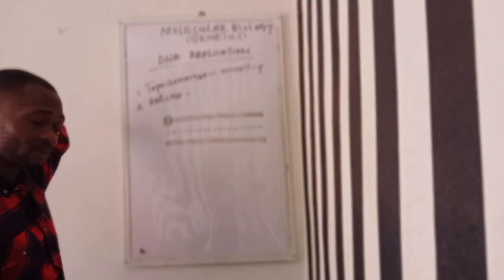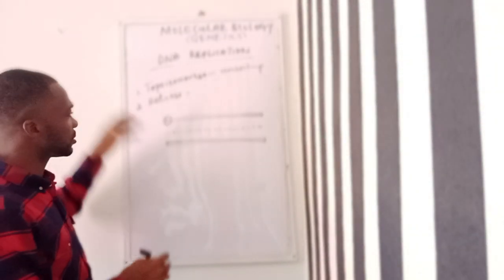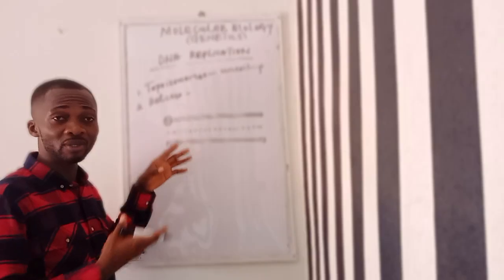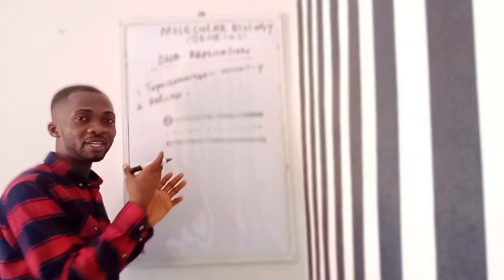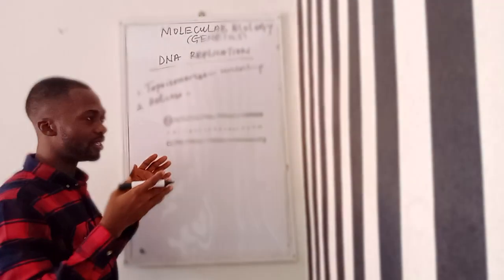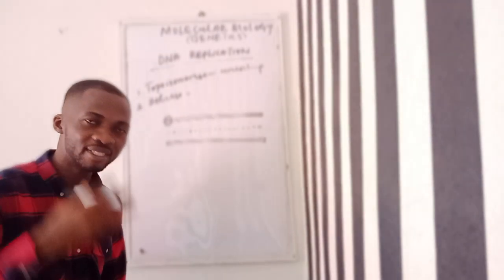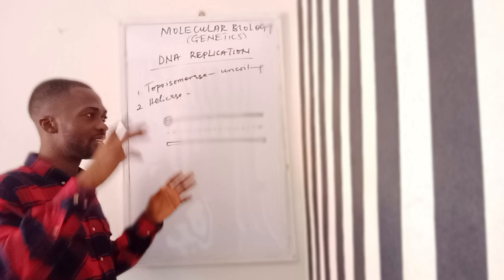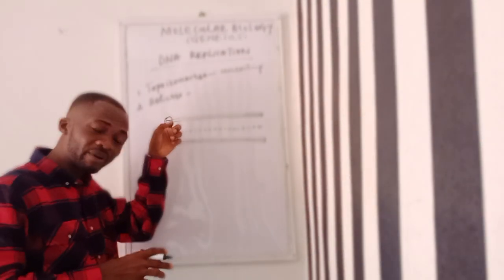Once it binds on the parental strand, there is production of nucleotides that will complement the nucleotides already found in the parental strand. So the DNA polymerase continues to add nucleotides opposite the parental strand.